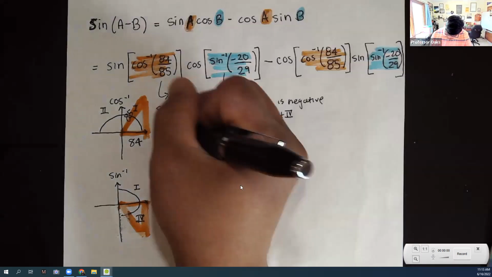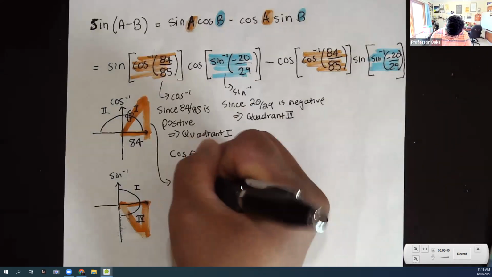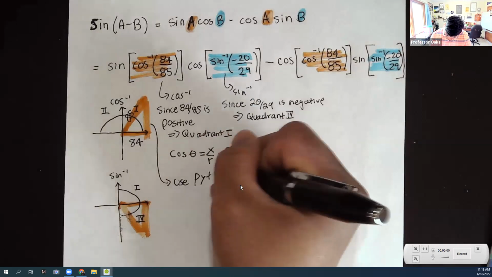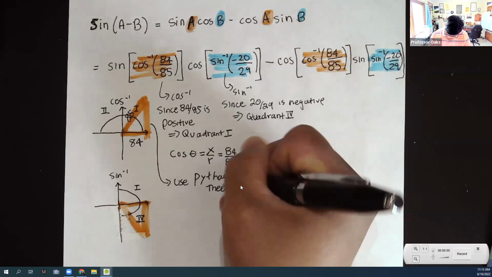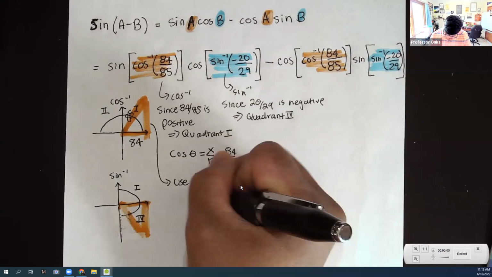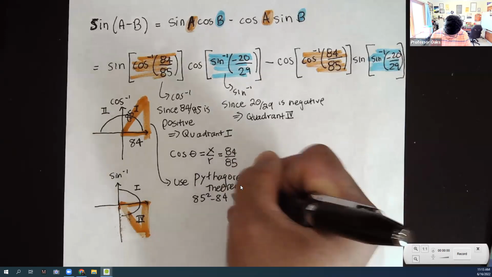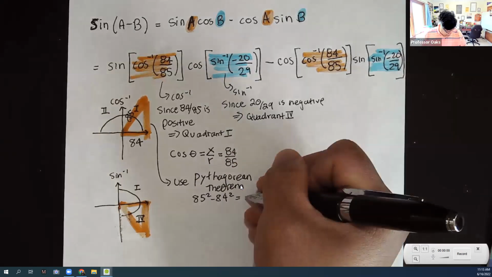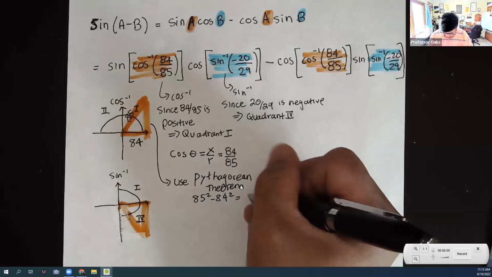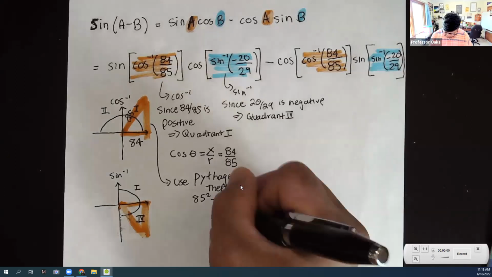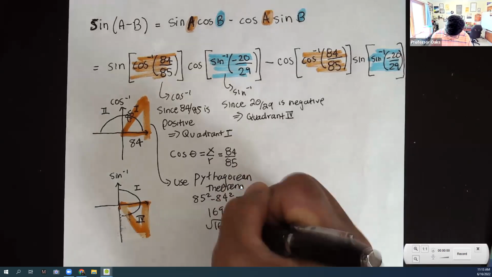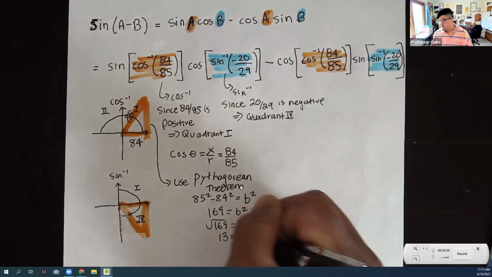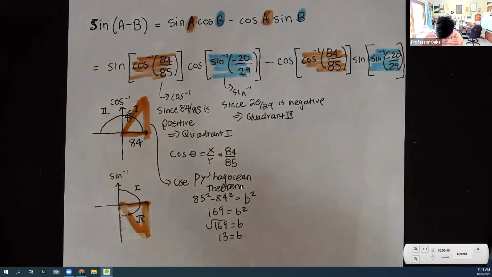So you have 85 squared minus 84 squared, which is 169. So that's like b squared. So 169 is b squared, so the square root of 169 is b. So b is 13. So that right here is 13 then.